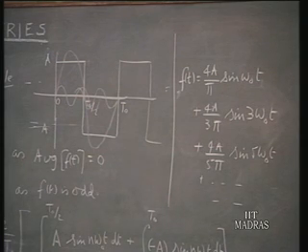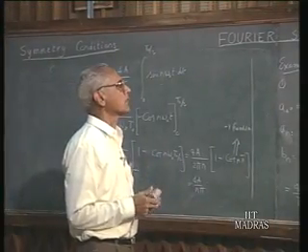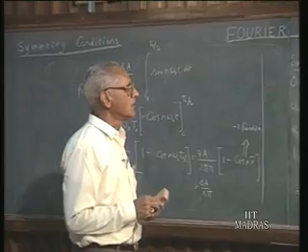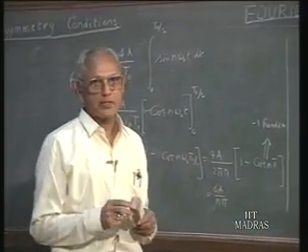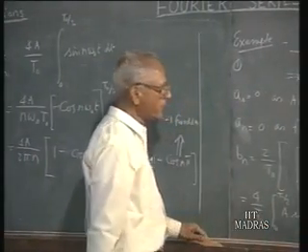Actually, the figure which we have seen in the earlier lecture corresponds to this. So, the amplitudes go down inversely as the order of the harmonic. We will continue this discussion.